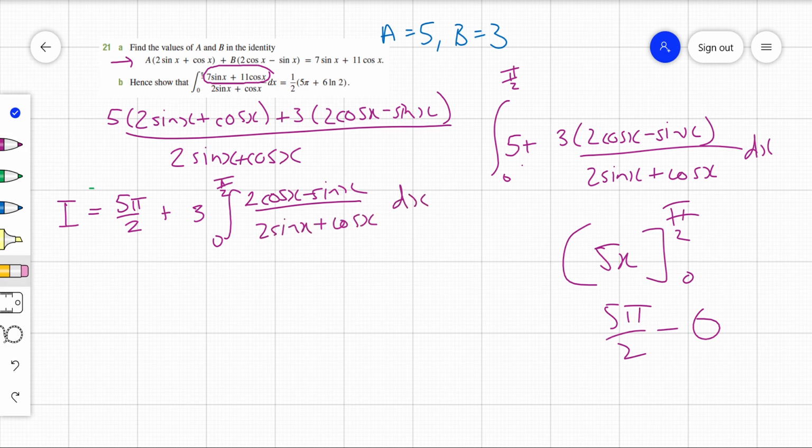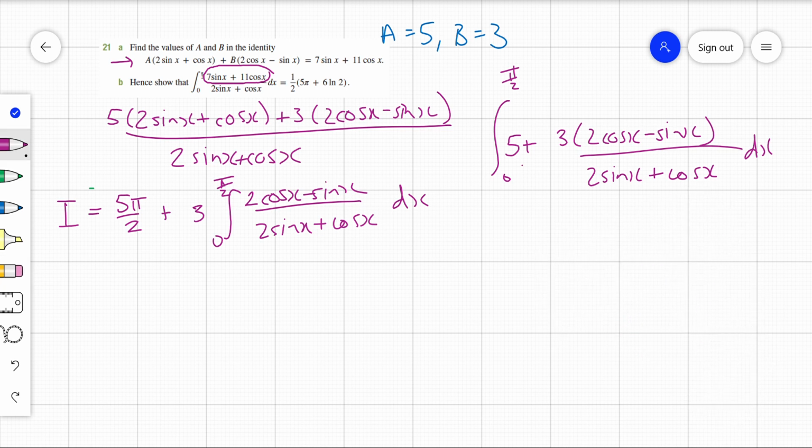Hopefully you could see that that looks like a log, but look at what we're trying to prove. We've already got the 5 pi on 2 part, the first term, and it's a log. We know that we get a log when the derivative of the bottom is at the top.